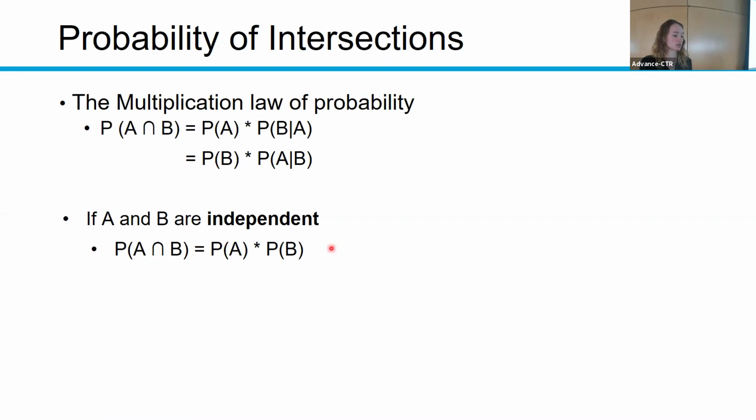Basically, if we're using this top formula here, and we say that A and B are independent, what's really going on is that the probability of B given A is really just the probability of B, because it doesn't matter whether or not A has happened.